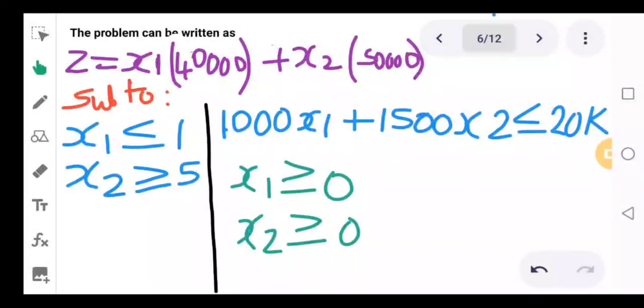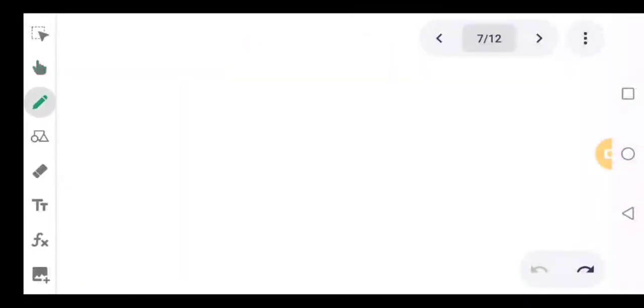The first equation we'll be taking is 1000 x1 plus 1500 x2 is equal to 20,000.